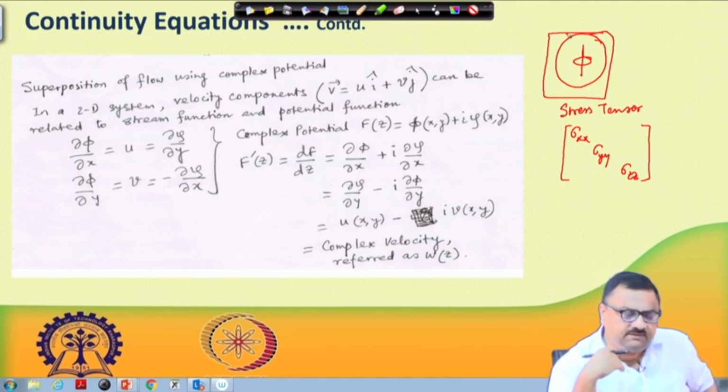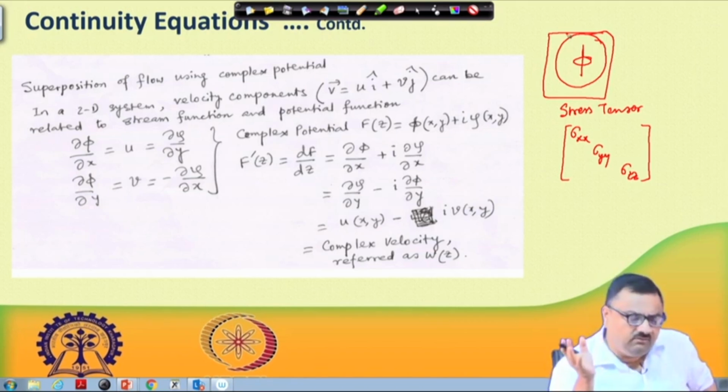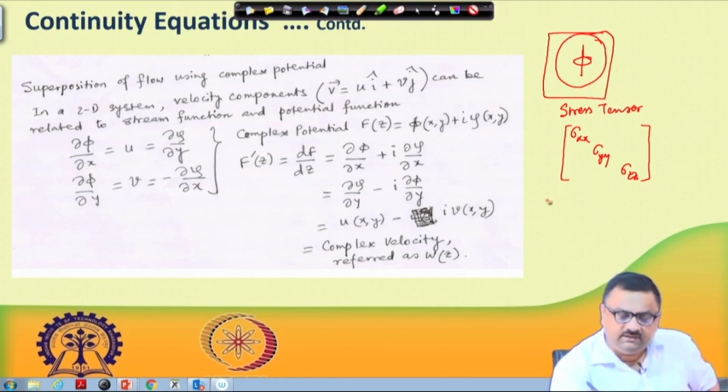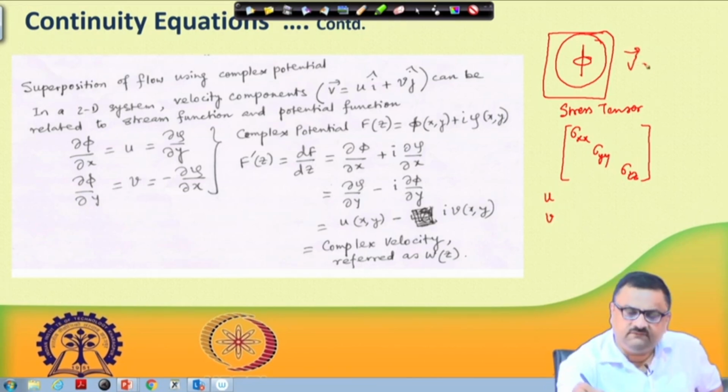Now, when it comes to this potential function, I found there are some authors who prefer to write the velocity as, let us say I have u and v. We said that v, the velocity field, is u i hat plus v j hat.